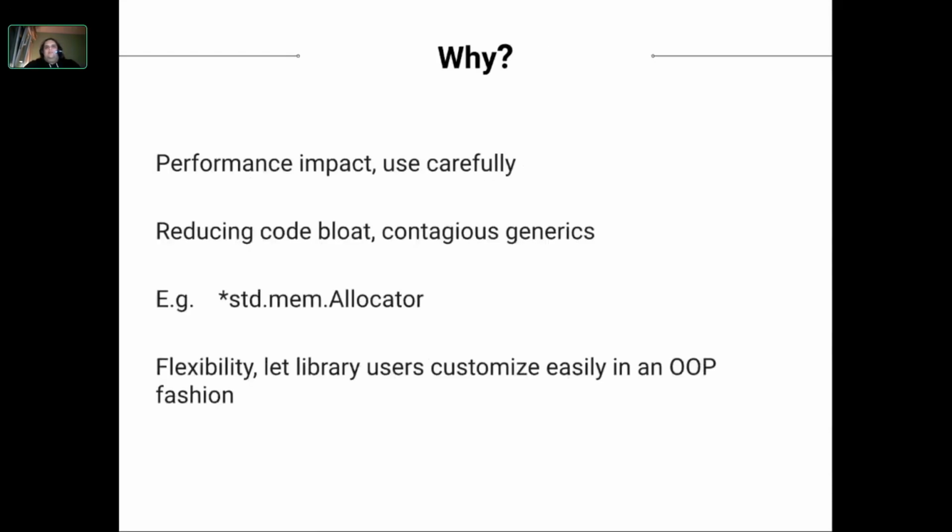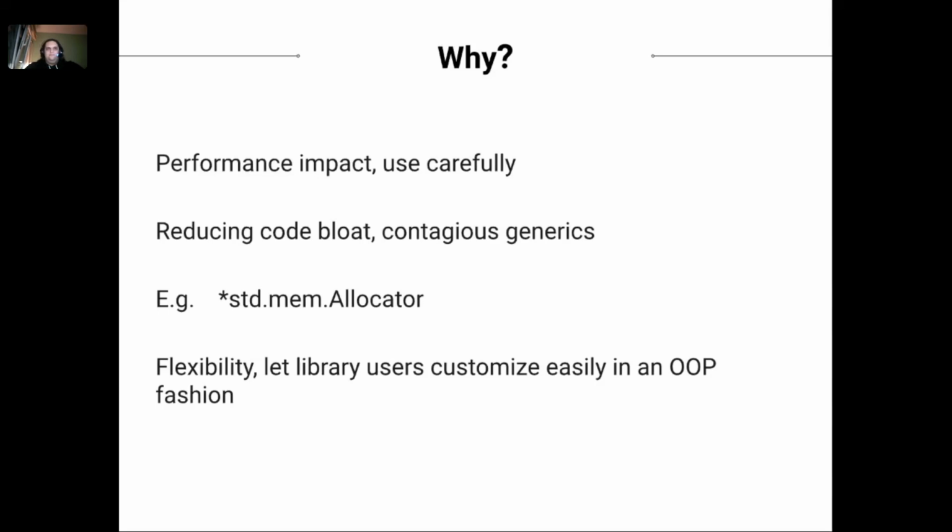A good question to start off is, why would we want to do this? Obviously, this is an abstraction, and every abstraction has some cost. In this case, it's a performance impact. So we should be very careful about why we are using this tool and when.